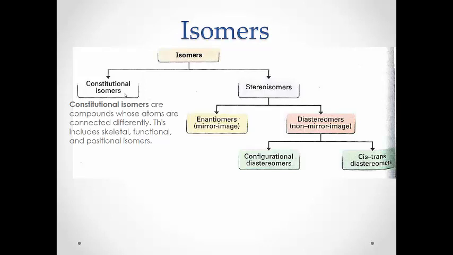They're compounds with the same empirical or molecular formula, but a different arrangement of atoms. We'll talk a bit later about an example of this. In your stereoisomers, you can have enantiomers, which are mirror images, and you can have diastereomers, which are non-mirror images. And your diastereomers can be cis-trans or configurational diastereomers.